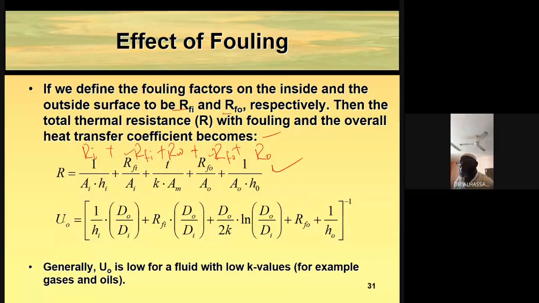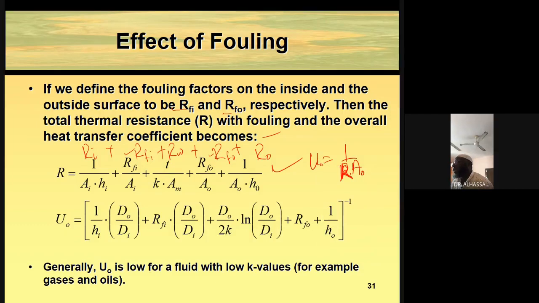Now if you want to determine the value for UO, what is this UO? UO we know is equal to 1 over the total resistance times the area AO. Sorry, I made a mistake over here: this is the total resistance. So we want to determine UO.